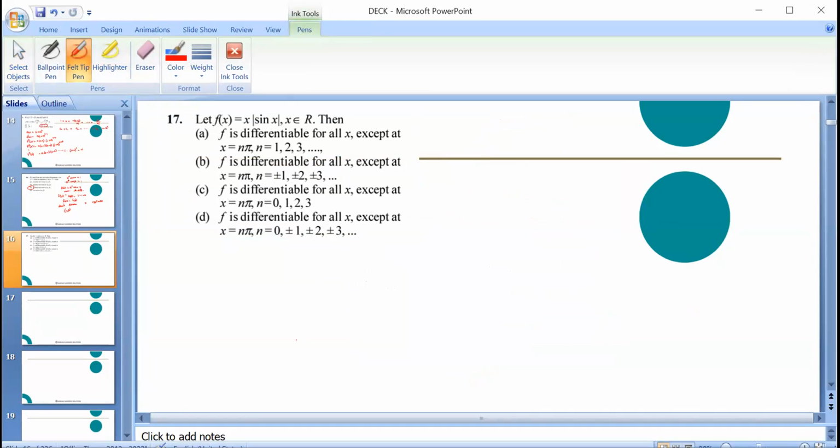F of x is x into mod of sin x. You have to see about its differentiability. So it's a piecewise function. F of x is positive x sin x, negative x sin x.